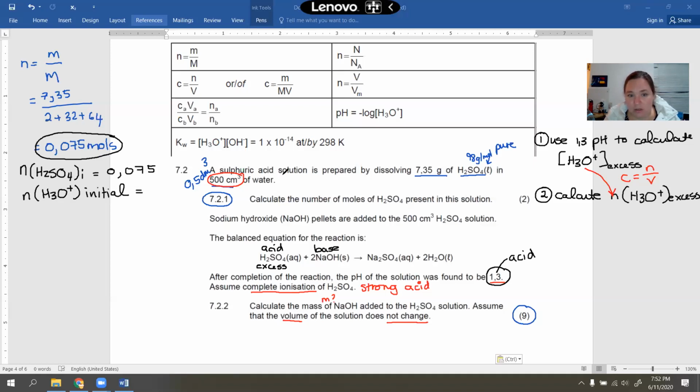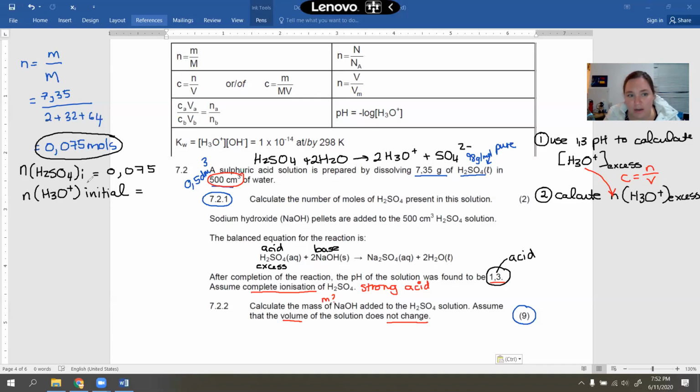Because if I consider what happens with H2SO4, it will ionize or react with water. It's diprotic, so it reacts with 2 water molecules to form 2 H3O+ and an SO4 2-.